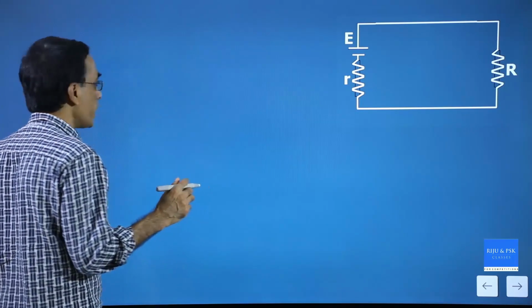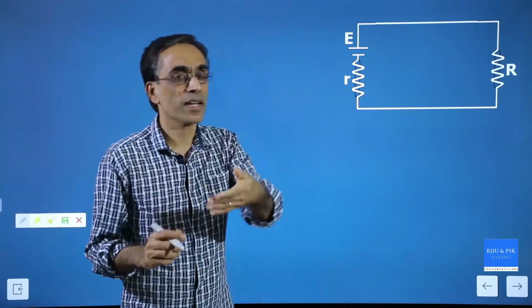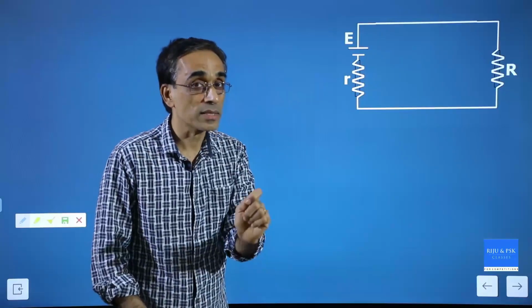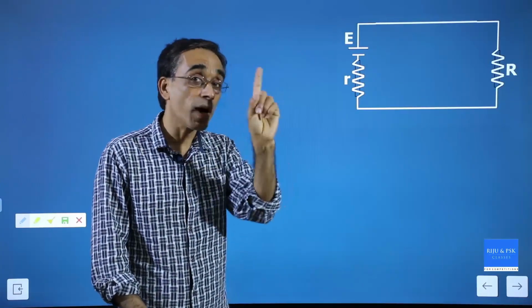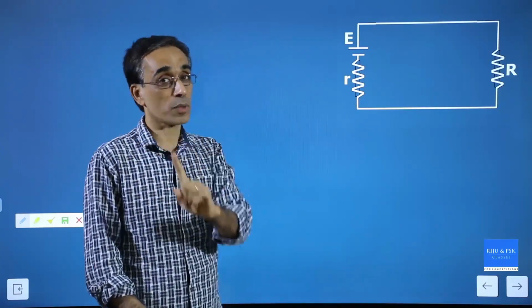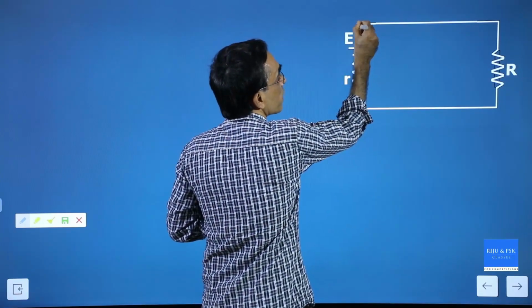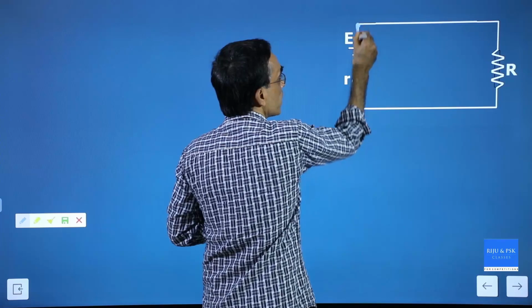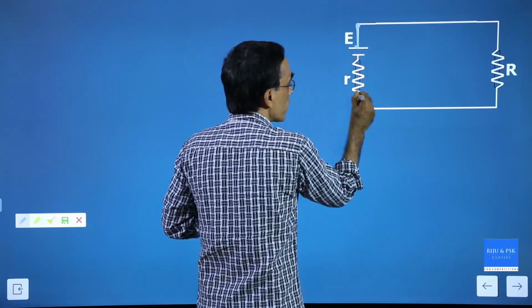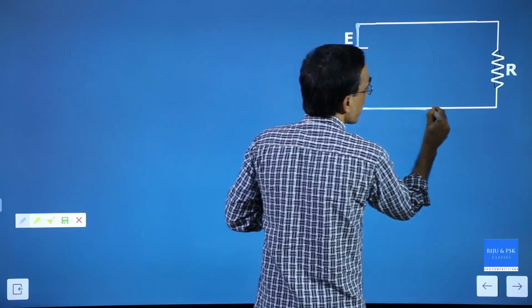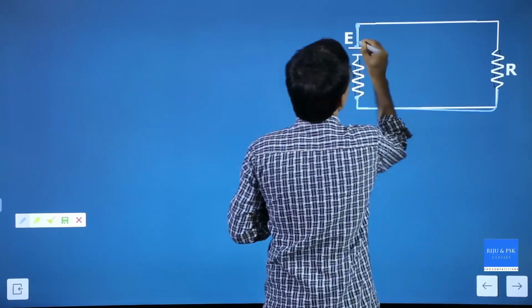Why do I repeat such simple things again and again? Because these simple things will cost you later if you don't understand them properly. So this is one terminal. It can be here or here because the potential here will be the same. Any point on this wire is exactly like a terminal.